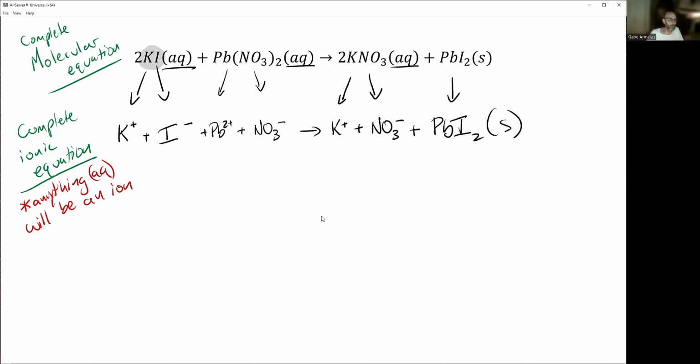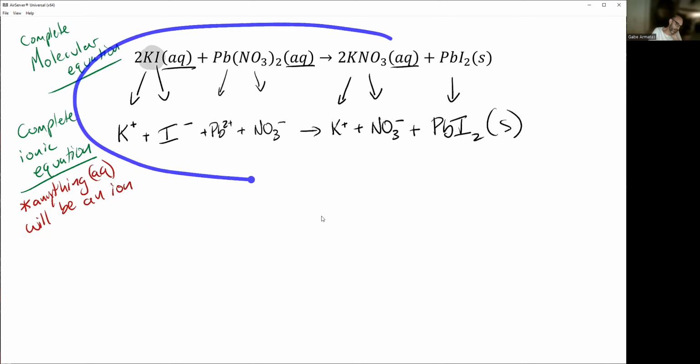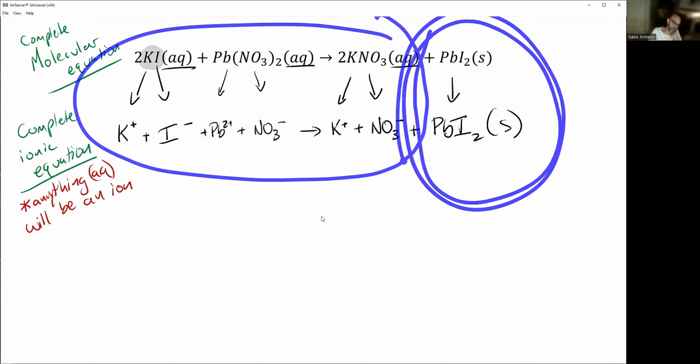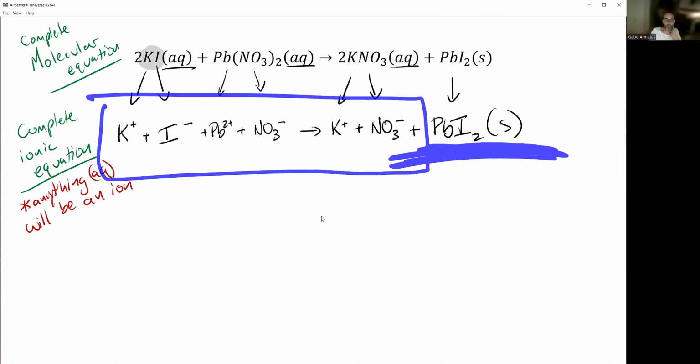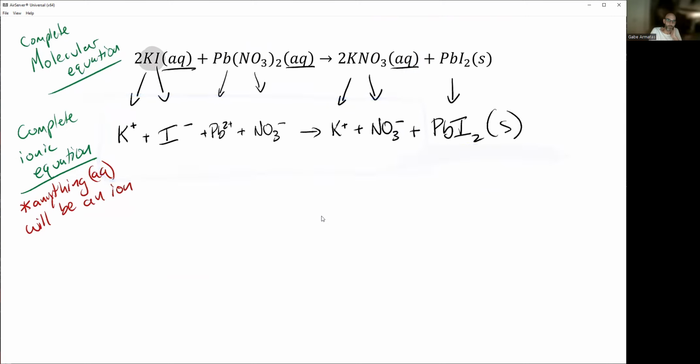So my complete ionic equation is all of the aqueous things have been broken into their ions, and anything that is not aqueous just gets rewritten. So I have this entire part here, and then I have this, which is a solid, so I'm going to leave that alone.